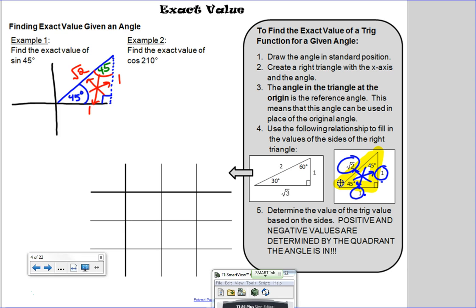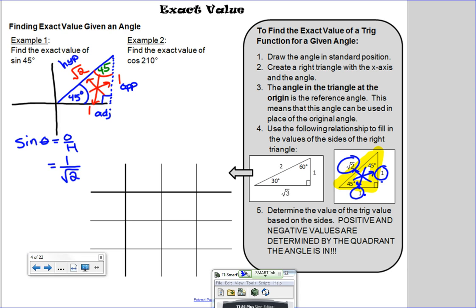So now that we have all three sides of the triangle, we are able to set up sine, because sine of an angle is equal to the opposite over the hypotenuse. All right, so across from the 45 would be my opposite. Across from the 90 would be my hypotenuse, and the last side would be the adjacent. So the opposite side is 1, the hypotenuse side is radical 2.